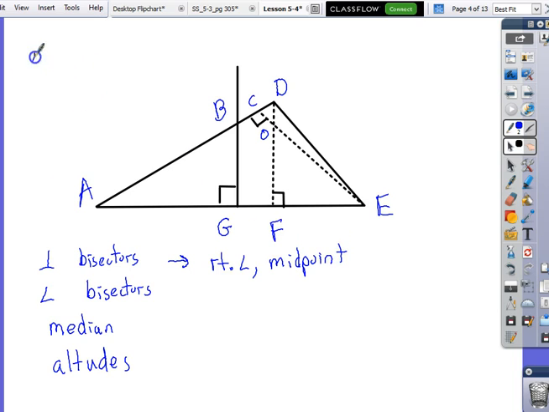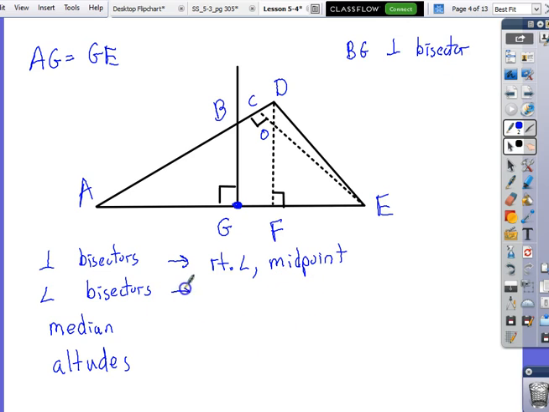So I guess I could say here, AG is equal to GE. And I have identified point G as a midpoint. So this line touches a midpoint, and it's a right angle. What do you think it is? That's right. So BG is a perpendicular bisector.